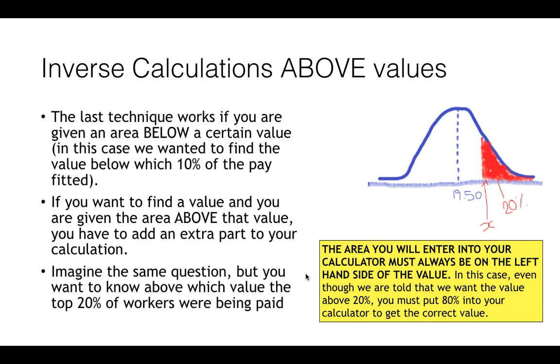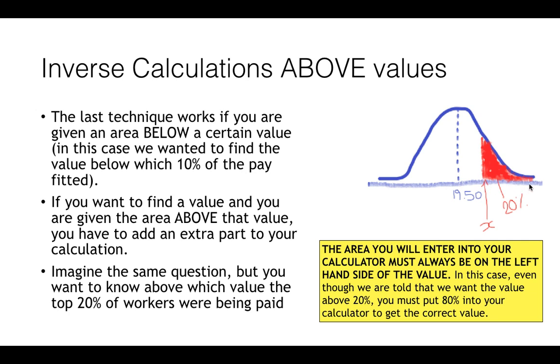So imagine we've got the same company, the same situation, a mean of 1950, a standard deviation of 230, and I want to know this time what value the top 20% of people are being paid over. So I've sketched my graph again, and I've got the mean here, then I've got my x labelled on here, and I'm interested in what value the top 20% of people fall above.